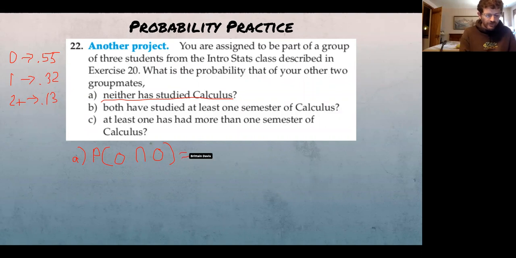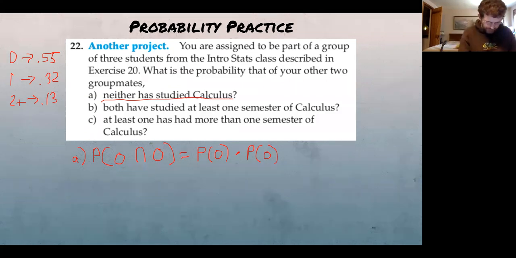So if these are independent, and we're going to make that assumption for now, it's the probability of 0 times the probability of 0. There's event A, there's event B, and I'm just going to multiply the probability of each of those together.